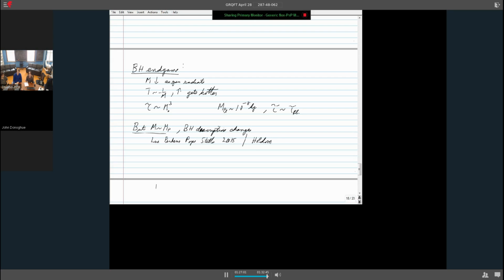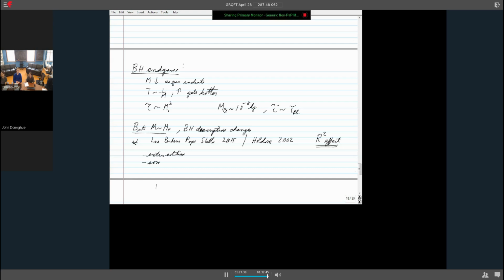The temperature is proportional to 1 over the mass, so it goes up, and it gets hotter. That's backwards from a usual radiating system, which normally gets cooler as it radiates. This one gets hotter. This then gives it a finite lifetime. The lifetime tau is proportional to the initial mass cubed.